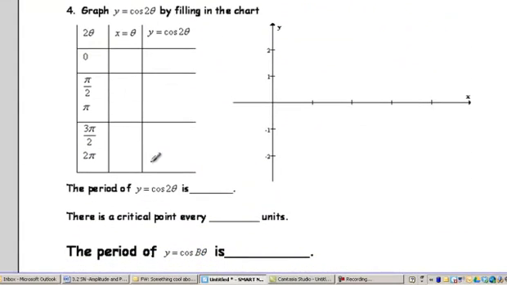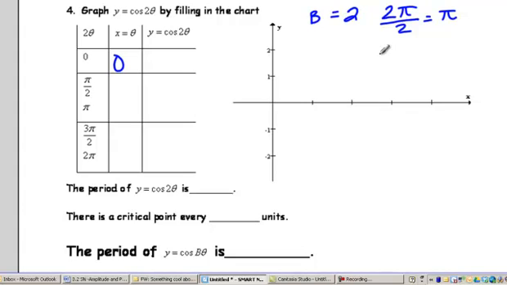Again, press pause, work through example 4, and I'm going to go ahead and fill it out. So I want you to check back with me. So our b is 2, which means we're going to take 2 pi and divide by 2 because we're in theta.